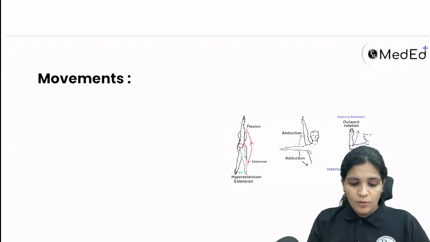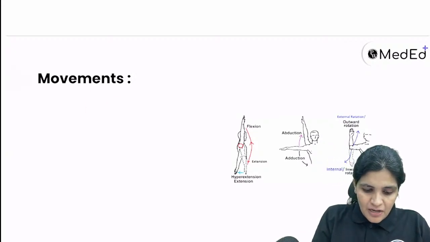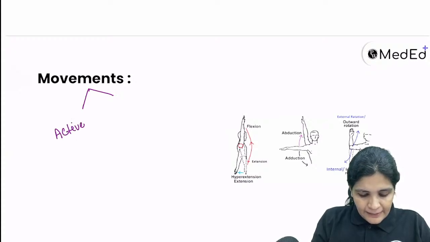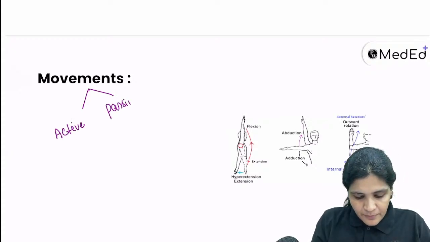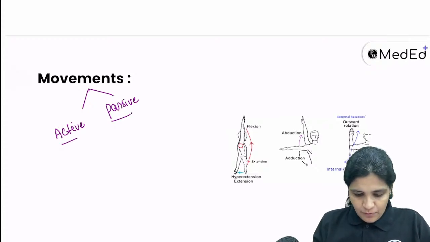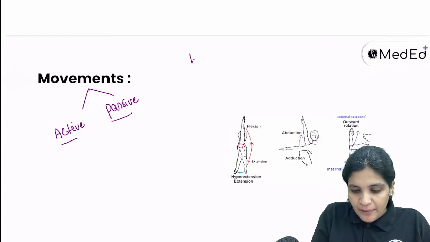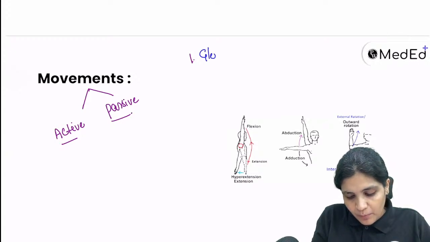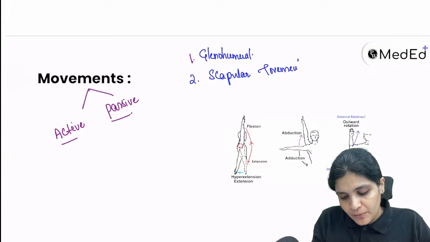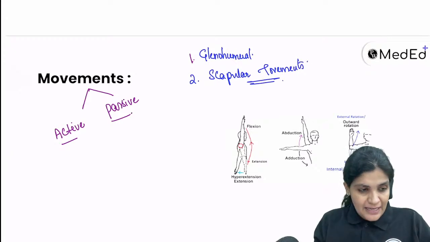And as you all know, movements are again of two types, right? There are active movements and then there are passive movements, right? And always remember, there are two important joints here, the glenohumeral and the scapular. So movements occur because of glenohumeral involvement and the scapula, right?